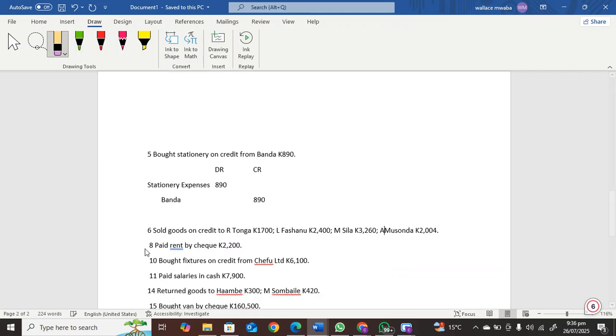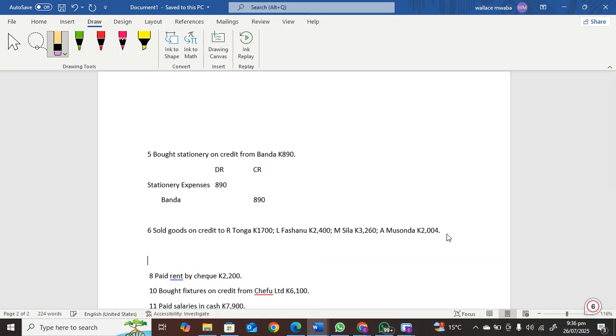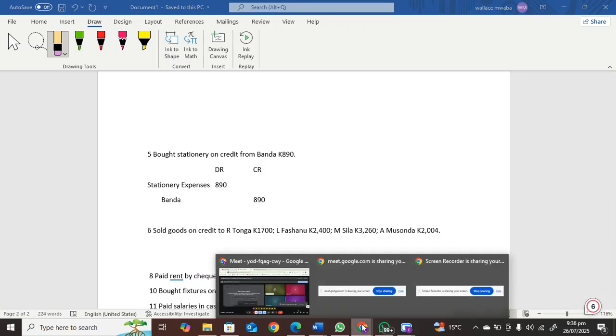Sold goods on credit to Aratonga, El Fashanu, M Sila, and M Sonda. So, what type of transaction is going on here?